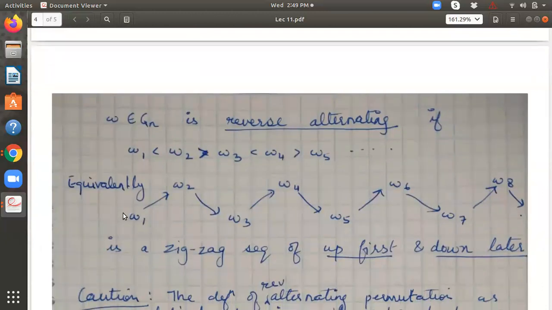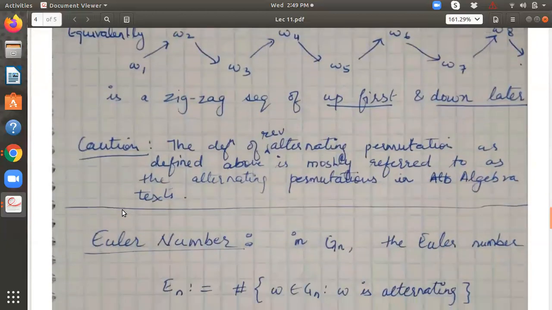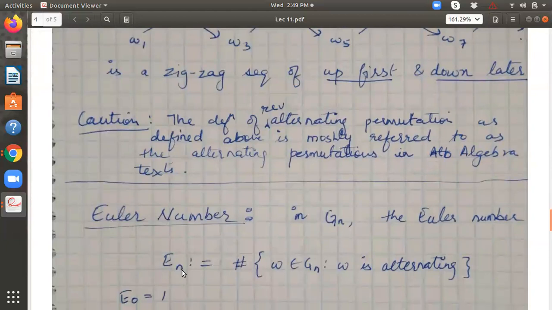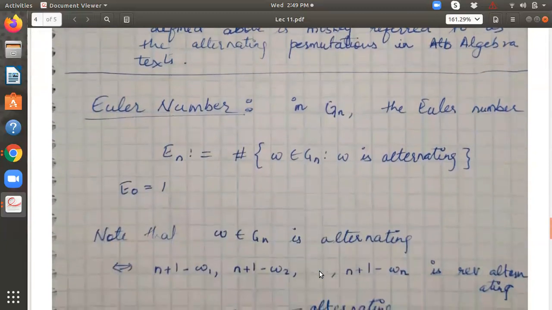So there's a bijection between alternating and reverse alternating permutations. Therefore, the Euler number, which we define to be the number of alternating permutations of Gn, also counts the number of reverse alternating permutations of Gn. And that is good news.